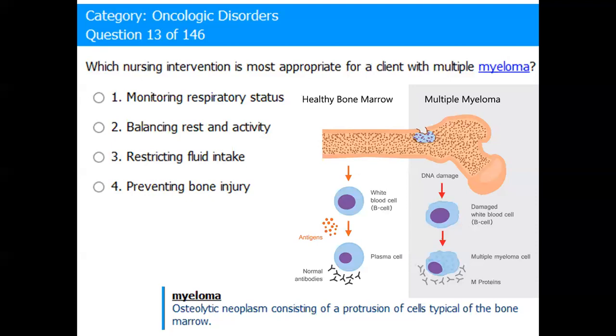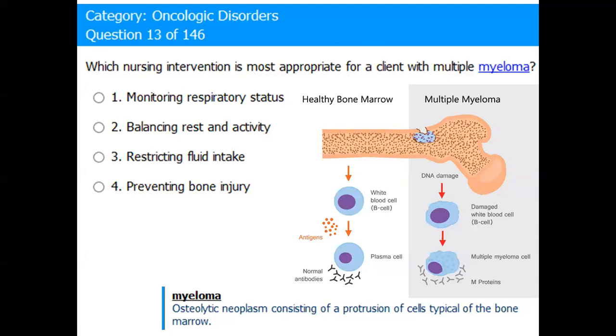Often, no symptoms are noticed at the beginning of multiple myeloma. As it progresses, the patient complains of bone pain, and anemia, kidney dysfunction, and infection may occur.